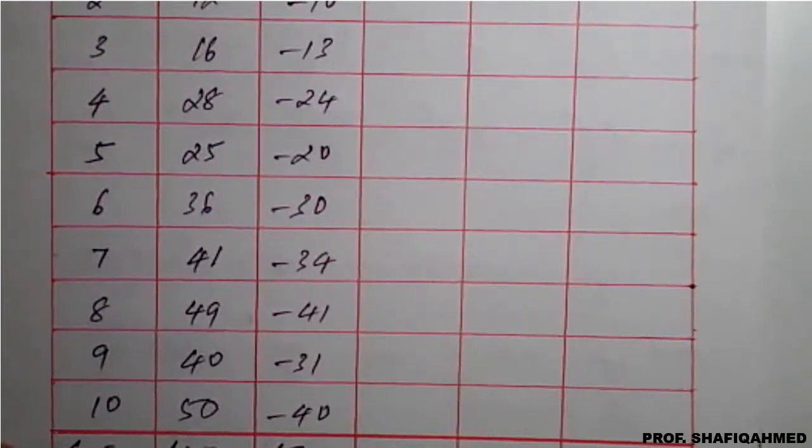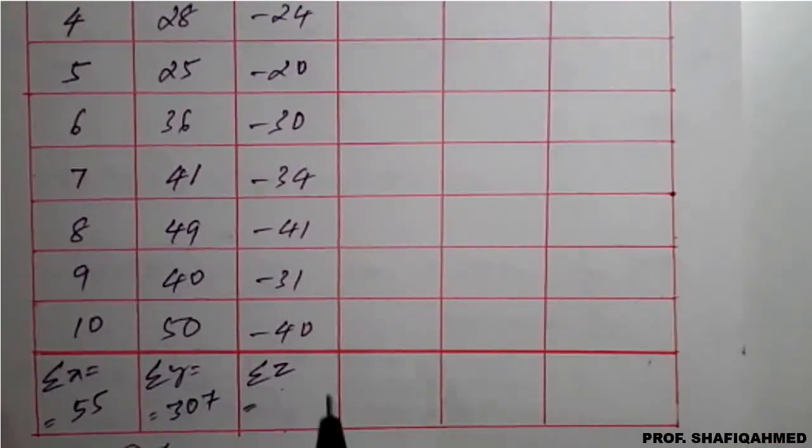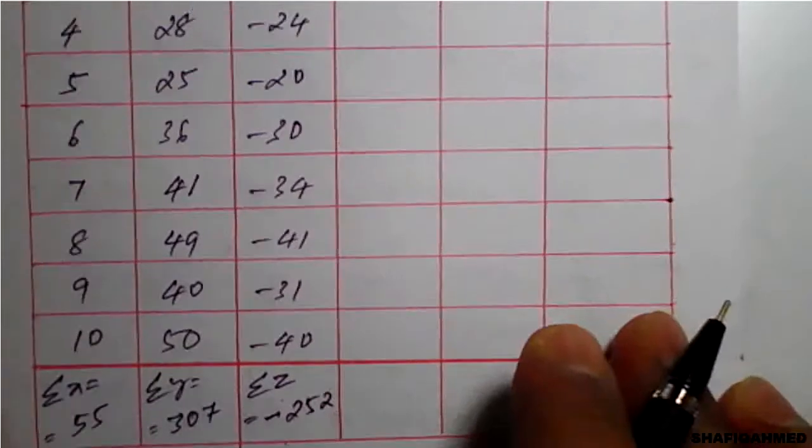Summation of z will be negative, as you can observe here: minus 252.